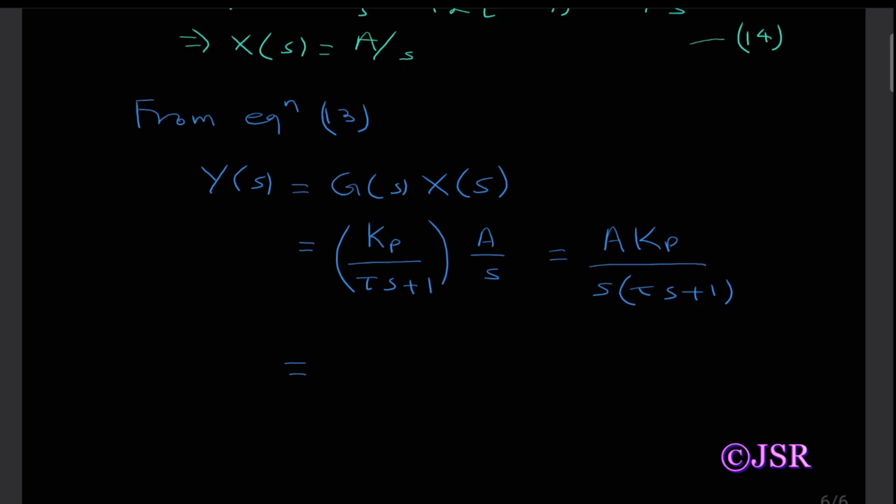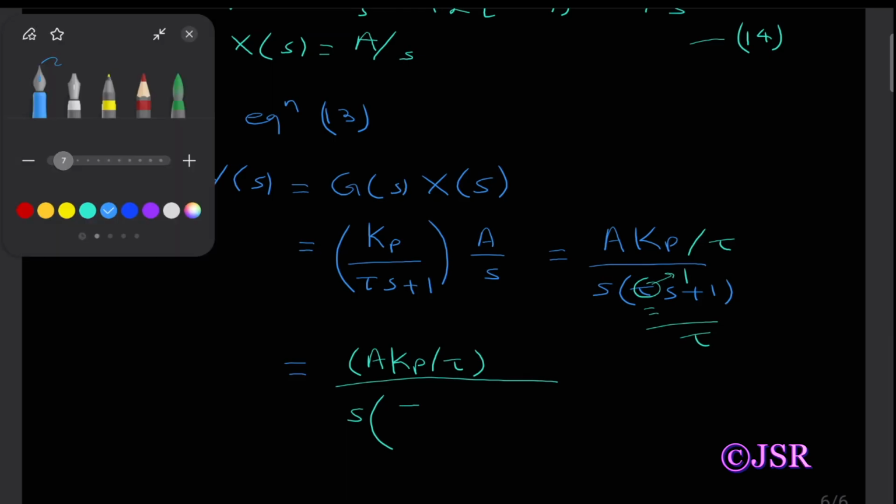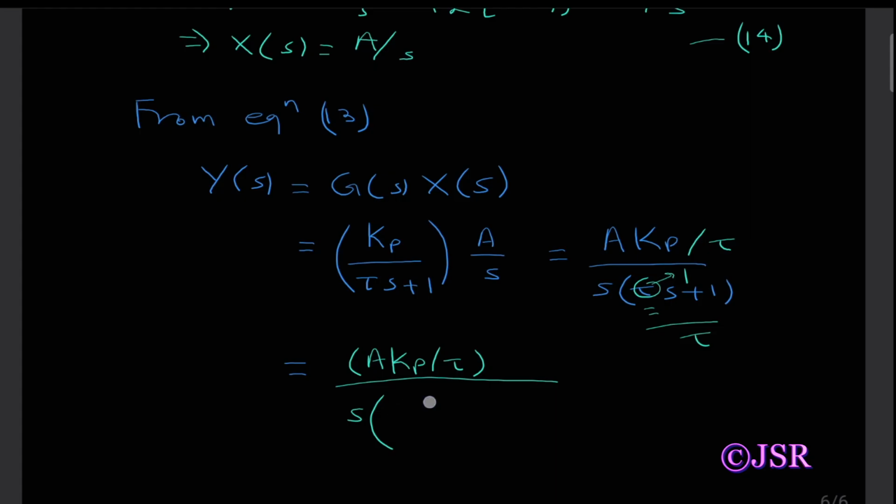So since the coefficient of s here is tau, we have to make this coefficient 1. To do so, we have to divide the whole expression by tau. So finally we will get a kp upon tau, s, tau s plus 1.